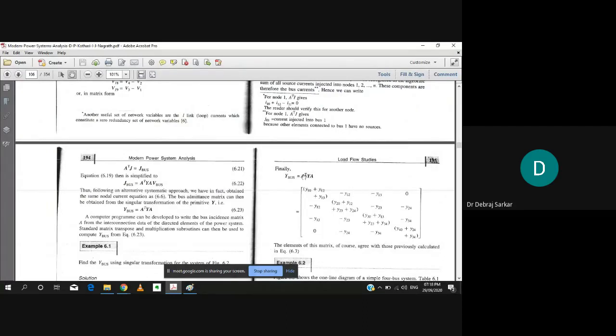So basically, the shortcut, which I have just told you, is that the diagonal element would be the sum of all the admittances connected to that node, and the off diagonal element would be the admittance connected between these two nodes. If there is no connection, the admittance will be 0.